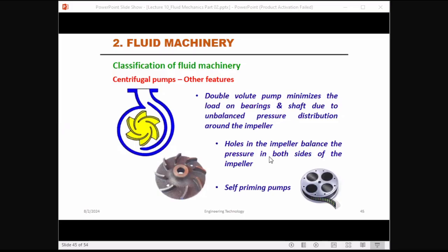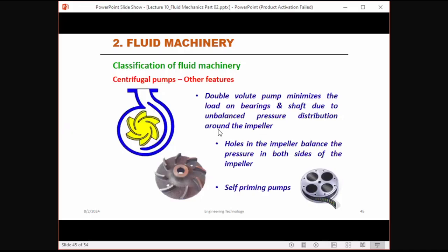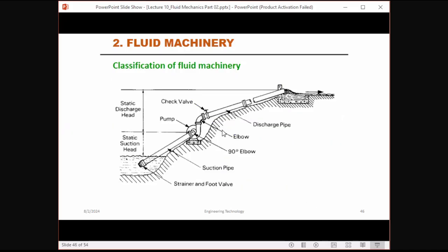These are the additional features in centrifugal pumps that enhance their performance, efficiency, and reliability. You can select the right pump, the required pump, according to these specifications and features. You can select your pump according to your requirement.